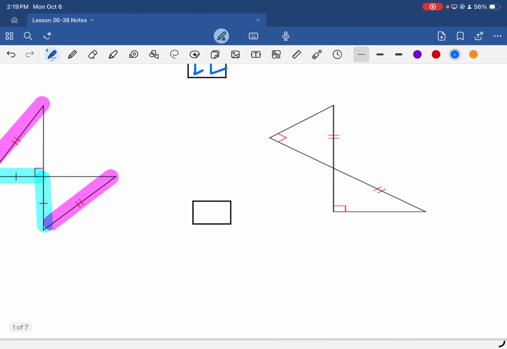And then lastly over here, notice how they want us to be able to see or identify the vertical angles as congruent. So we have hypotenuse and we have an angle.